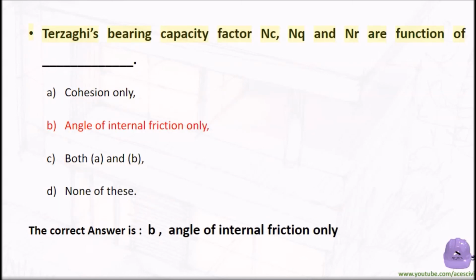Terzaghi's bearing capacity factors Nc, Nq, and Nγ are functions of: A. Cohesion only, B. Angle of internal friction only, C. Both A and B, D. None of these. The correct answer is B. Angle of internal friction only.